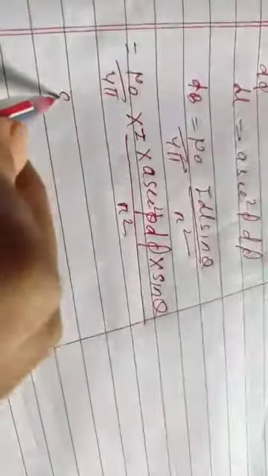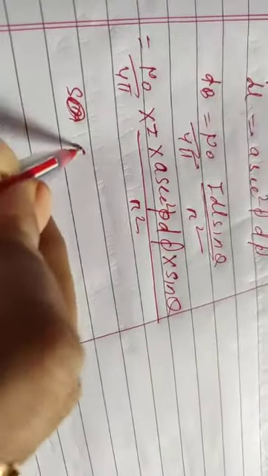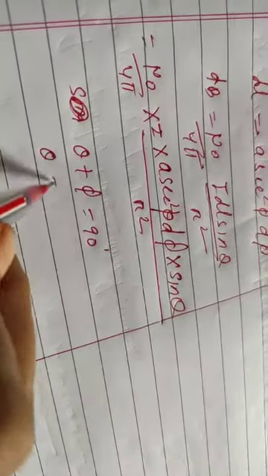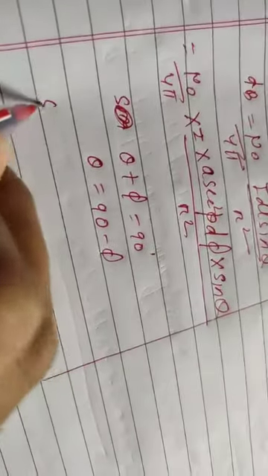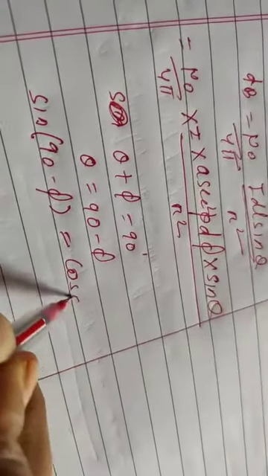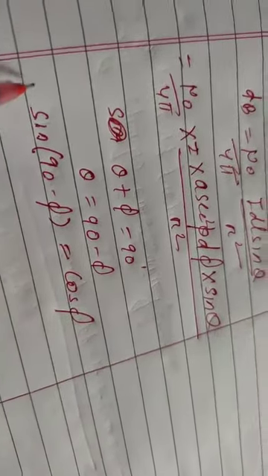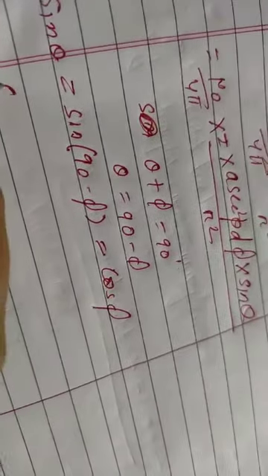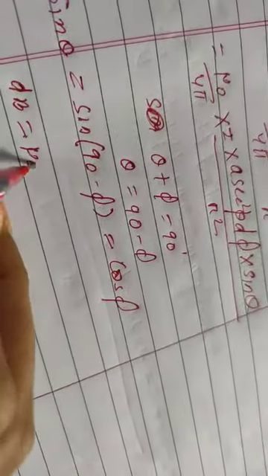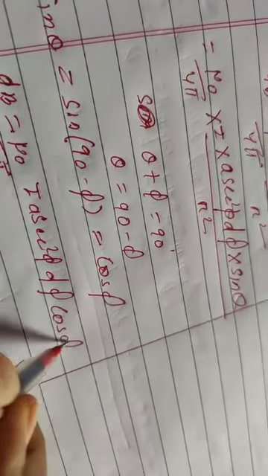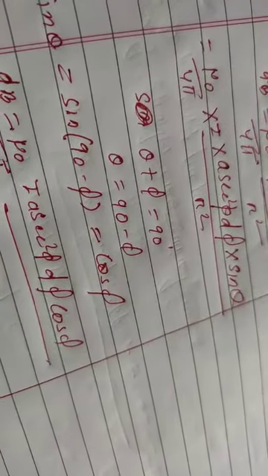Now, I have written that theta plus phi is 90 degrees, so the value of theta is 90 minus phi. Now you put sin of 90 minus phi, which is nothing but cos phi. In place of sin theta, shall I put cos phi? Yes, I can. So dB is equal to mu naught by 4 pi I A sec square phi d phi cos phi by r square.